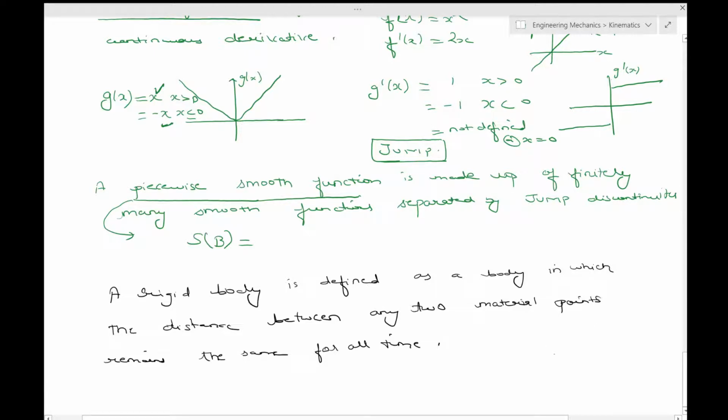So if this is your material body, it will be defined as a rigid body if the distance between any two material points, this and this, or this and this, or this and this.